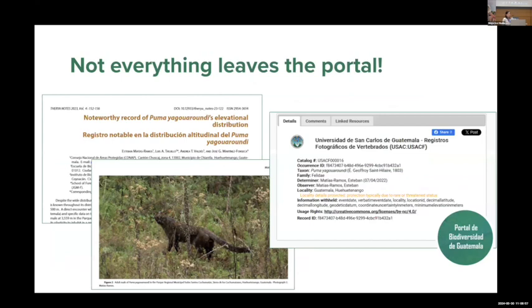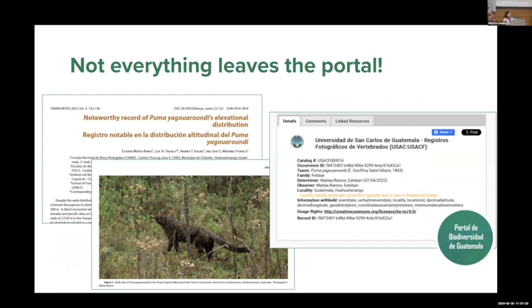So unfortunately to me, because I really would love that everything is shared already on GBIF, but not everything leaves the portal. For example, this observation of a very cute feline was uploaded to the portal, and then it was published as a new observation. I think it was a new altitudinal record for this species.